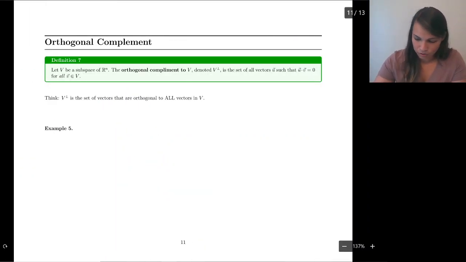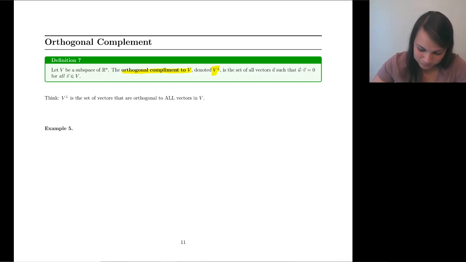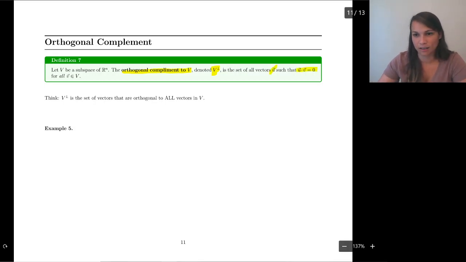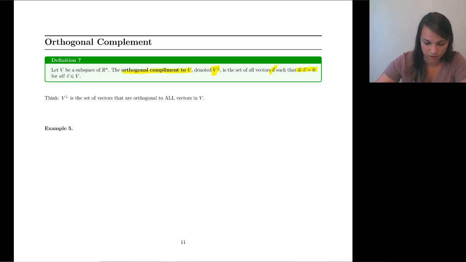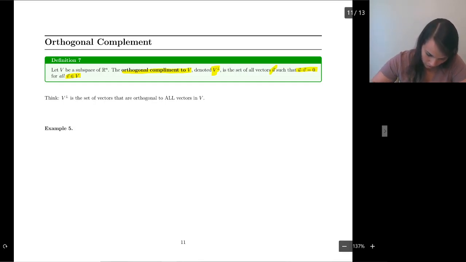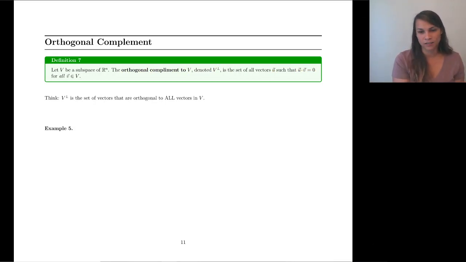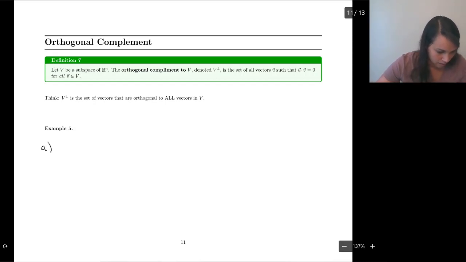Okay, so let V be a subspace, then the orthogonal complement to V, which we even denote with the little perpendicular symbol, is the set of all vectors U such that U and V are orthogonal to each other for every single V in big V. So what we should think, big picture, is V perp is all the vectors that are orthogonal to all of the V vectors.